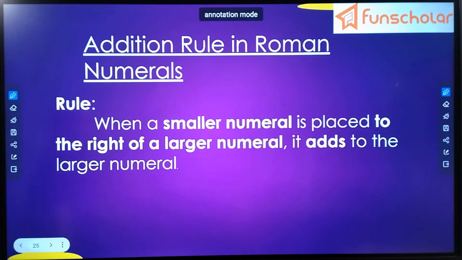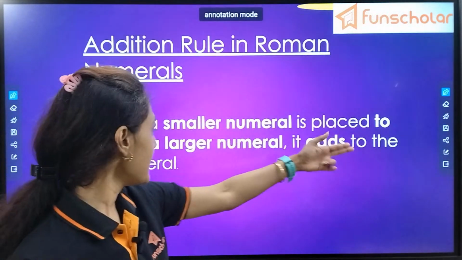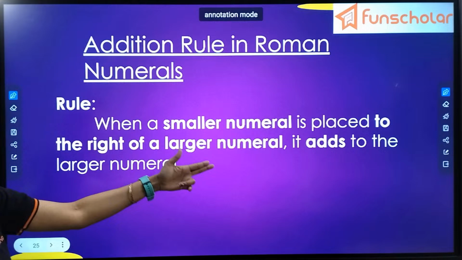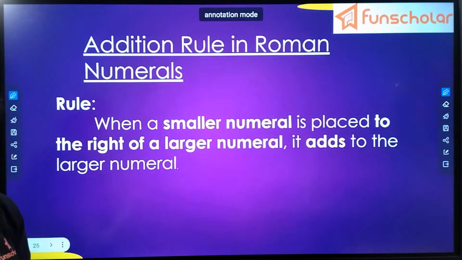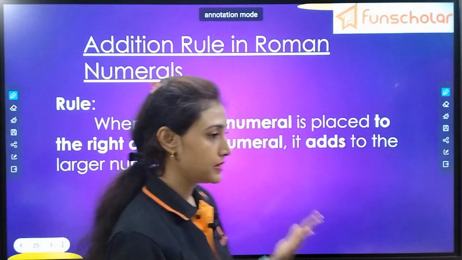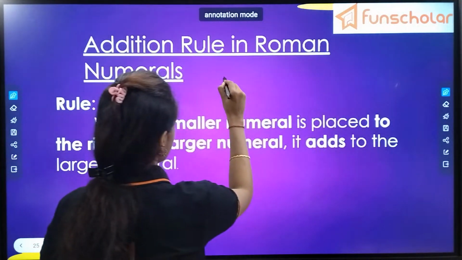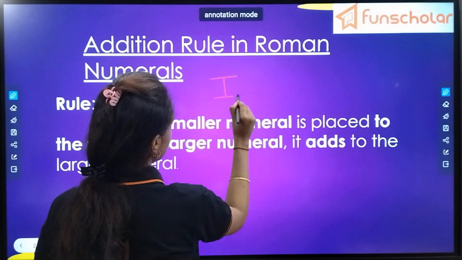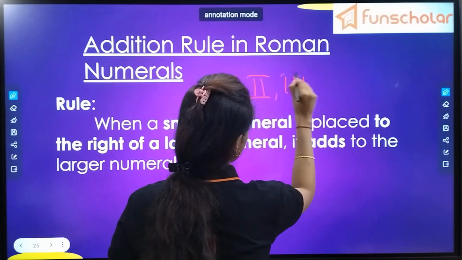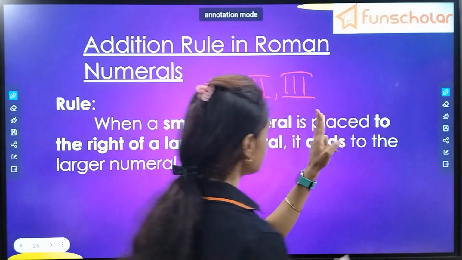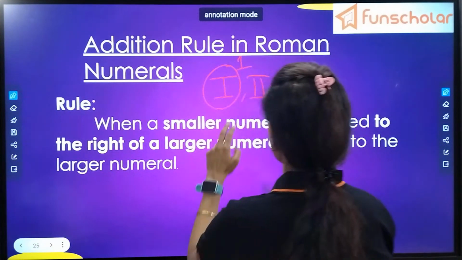Now comes the rule of addition. The rule of addition says when a smaller numeral is placed to the right of a larger numeral, it adds to the larger numeral. So what does this mean basically, ma'am? I have told you to write 1, 2, 3. Then you cannot repeat, right? So this is the first number, 1.